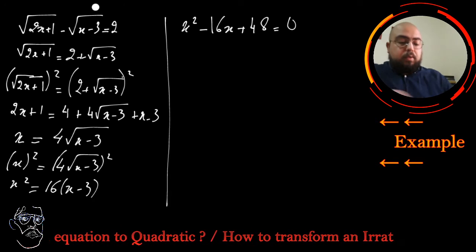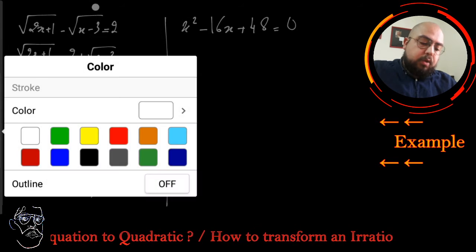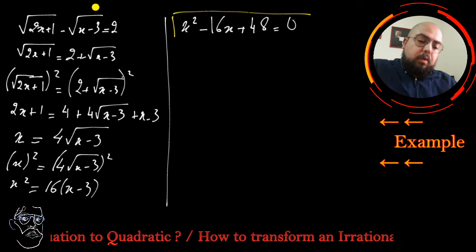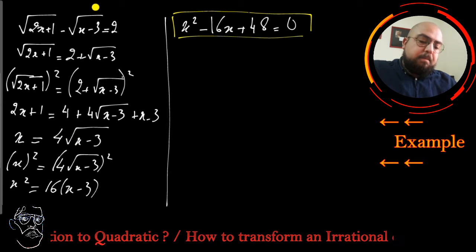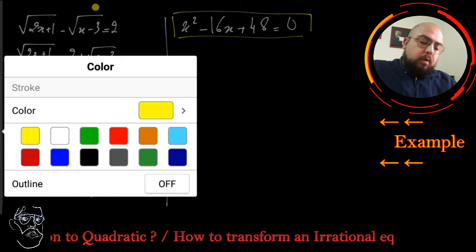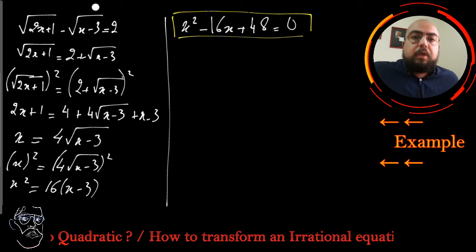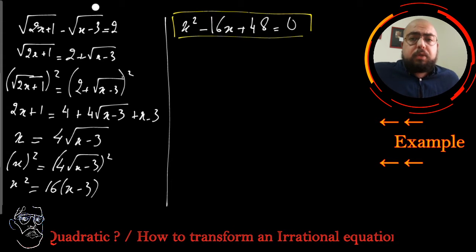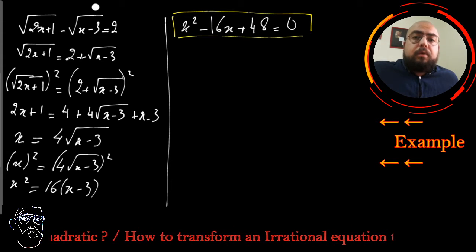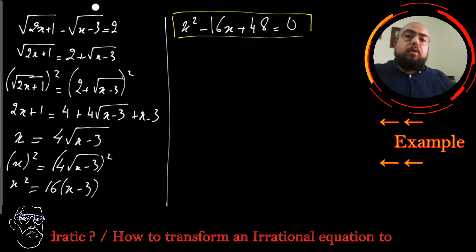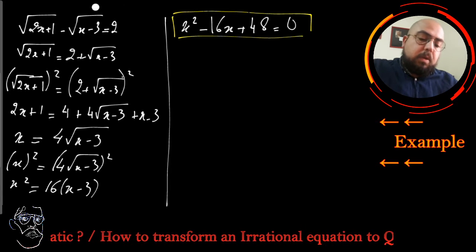As you can see, I was able to find a quadratic equation. Now this quadratic equation has its b even. In one of the previous videos, the first video related to quadratic equations, I discussed the reduced discriminant, so I'm going to use the reduced discriminant.